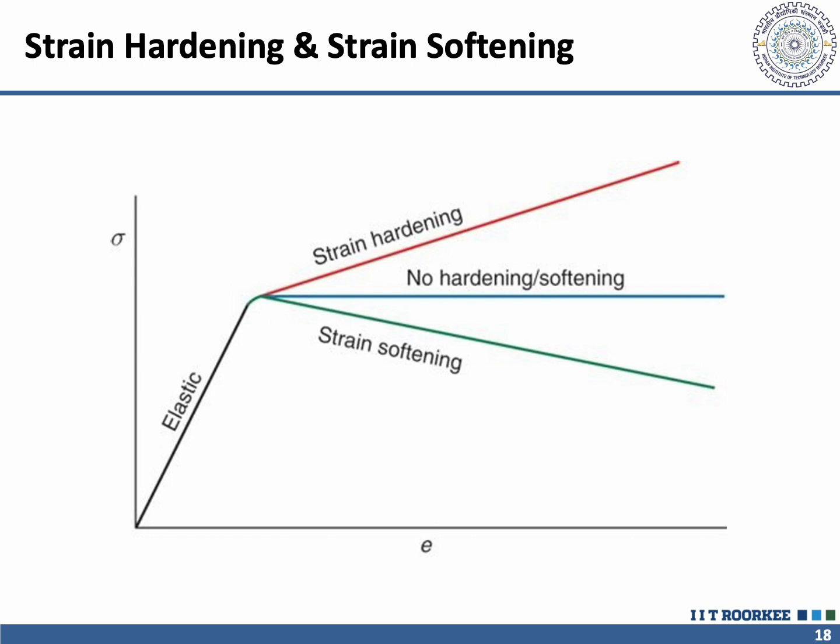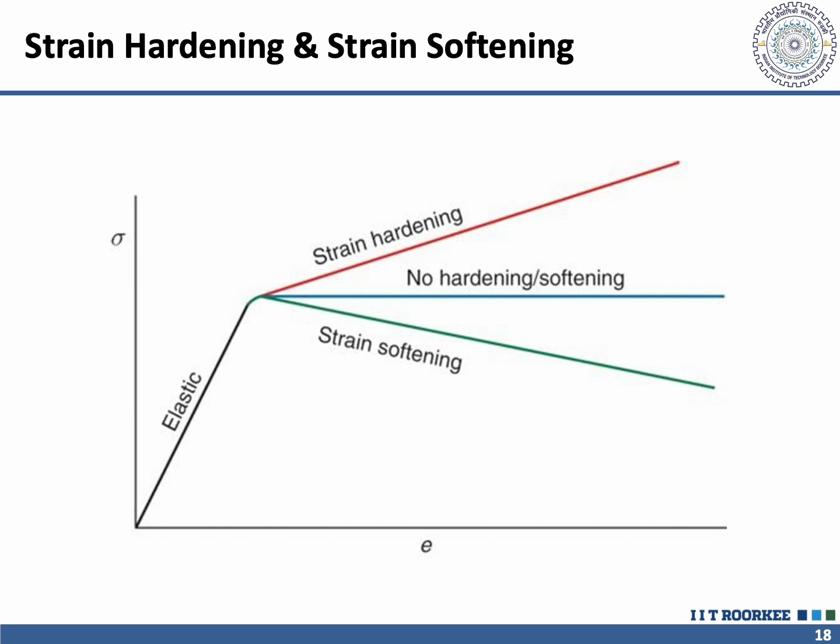This graph shows the concept of strain hardening and strain softening, which is an important concept in material deformation, especially relevant to rocks, metals, and geologic materials under stress. It plots the stress versus strain on the y and x-axis.